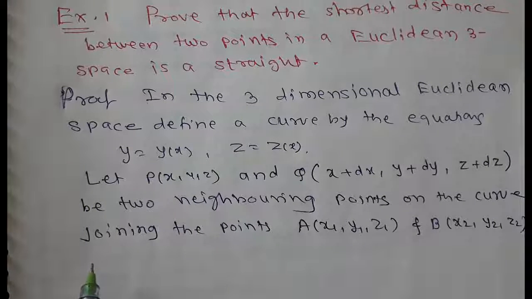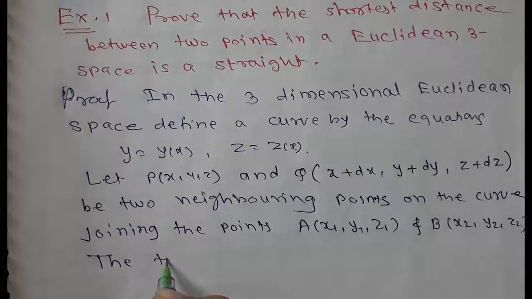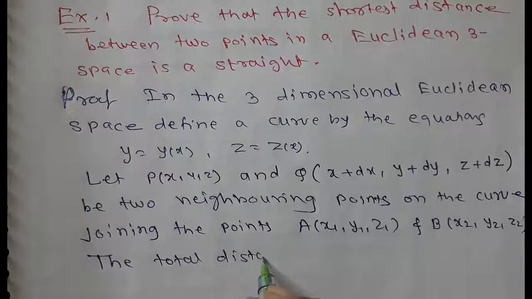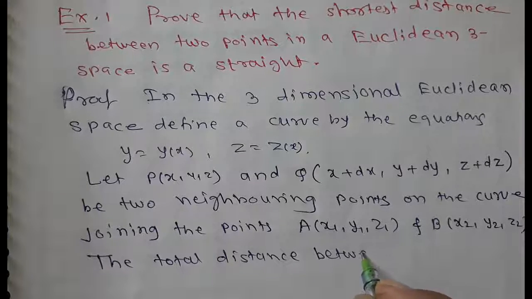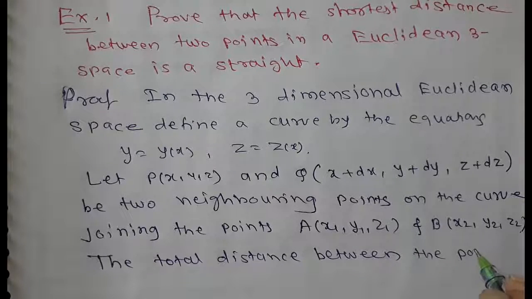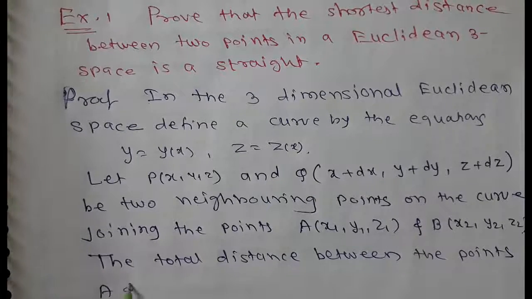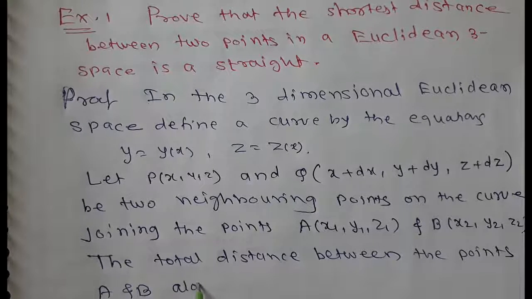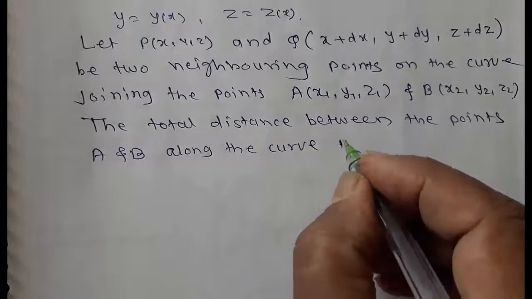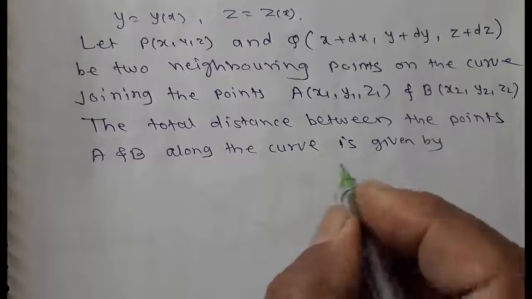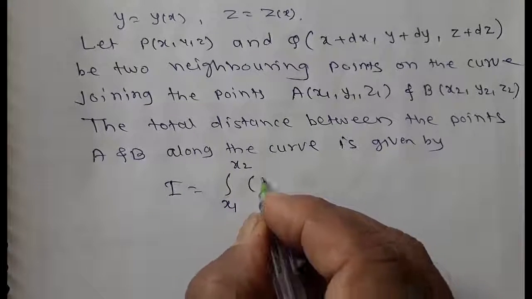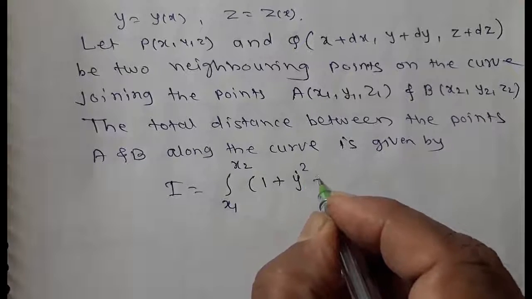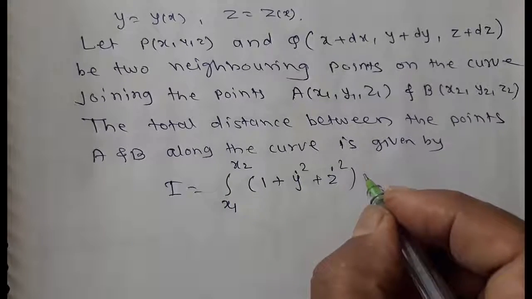The total distance between the points A and B along the curve is given by I equal to integral from x1 to x2 of root of 1 plus y dot square plus z dot square dx.